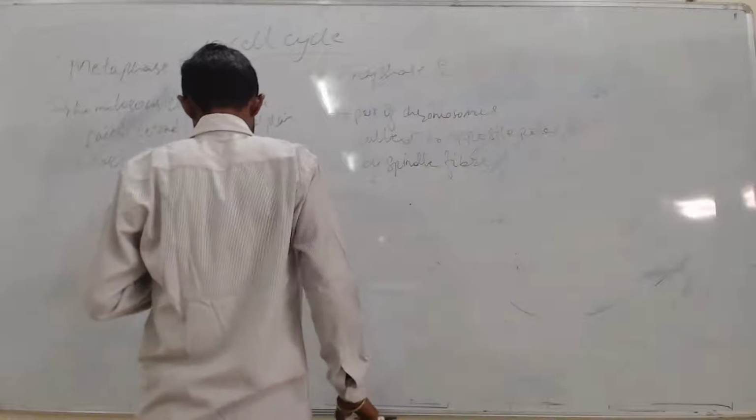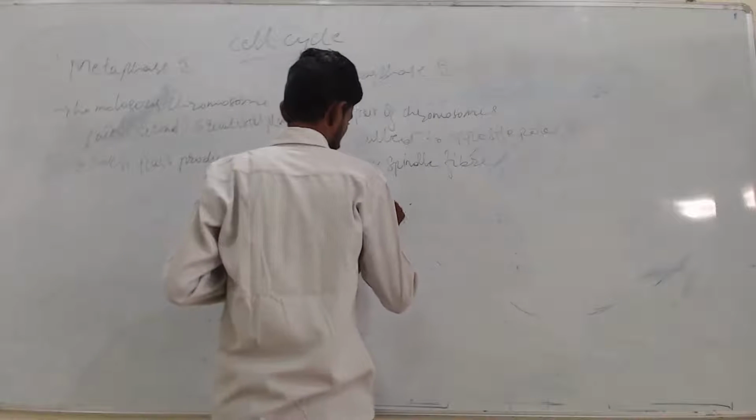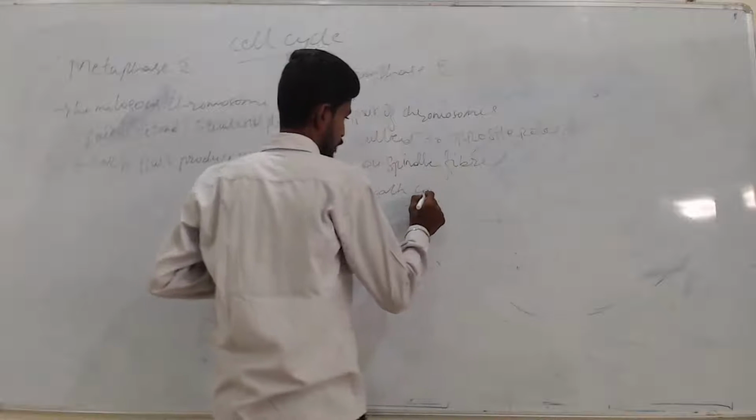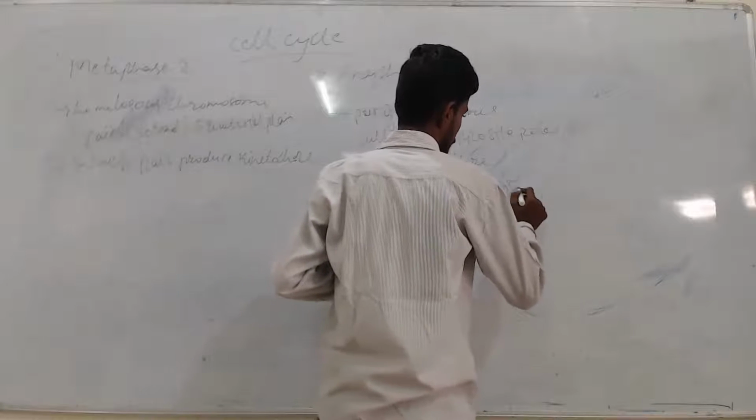Each daughter cell at this point has chromosomes that each contain two sister chromatids.